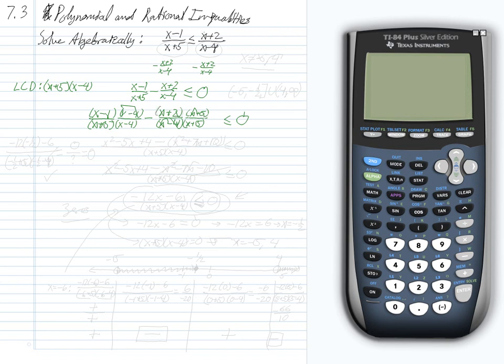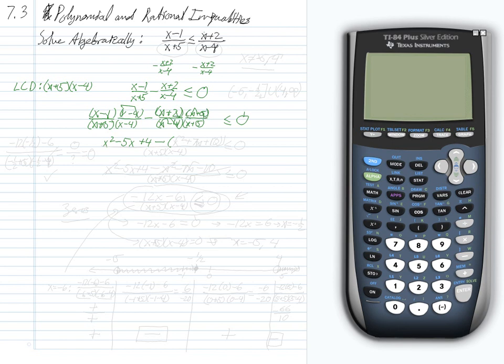So if I FOIL out this first numerator, this is x squared minus 4x minus x minus 5x plus 4, and I am subtracting the product of these two factors in the second fraction.